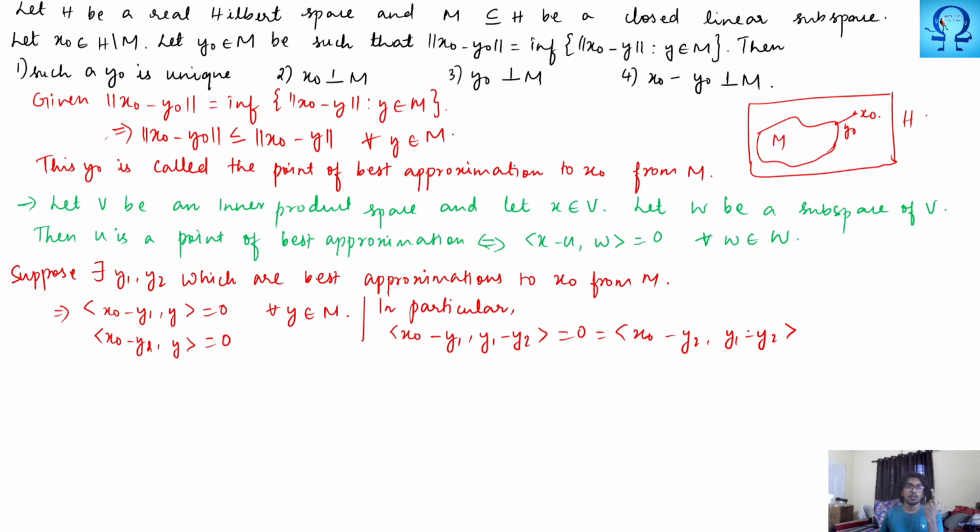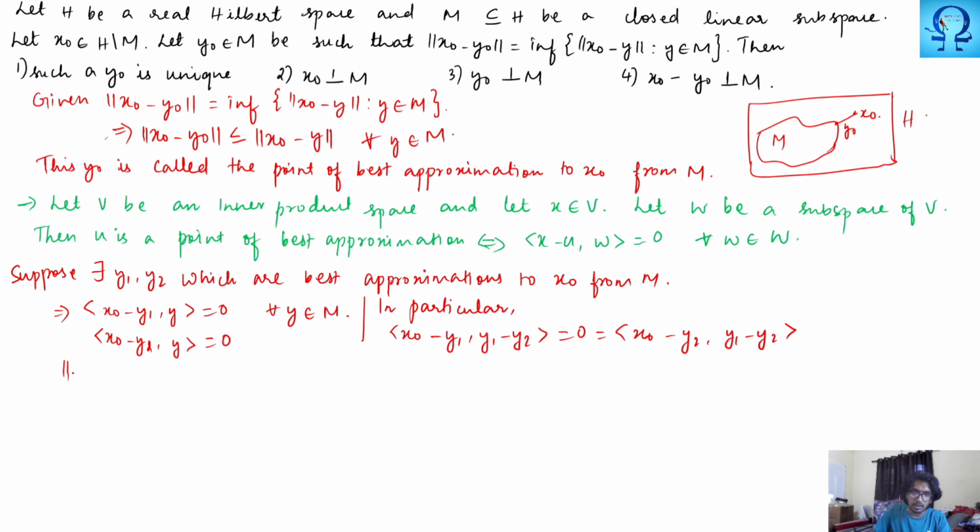Why? y1 and y2 are points taken from M, and M is a closed linear subspace, hence y1 minus y2 must also be a member of M. The results we have written are true for all the entries of M. That is why we have written it like this.